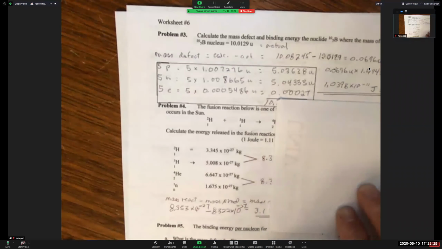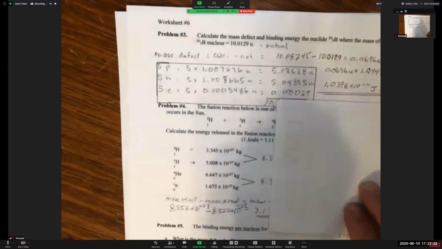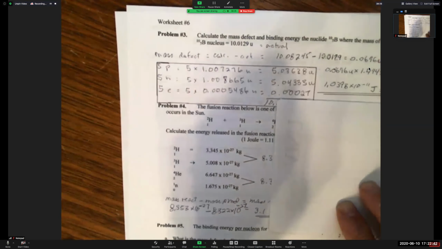Now that doesn't sound like very many joules. But remember that this is just for one atom. If you multiply this times a mole of boron-10 atoms, you get a tremendous energy. Remember, a mole is 6.022 times 10 to the 23rd atoms.